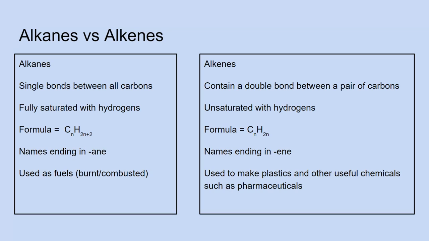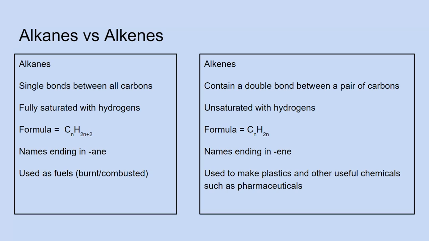So it's either between the first and the second, or the last and the previous carbon in your chain when you're writing it out. We know that they're unsaturated with hydrogens, so you'll be able to see later on when we're drawing them that there is space for other atoms to fit. Okay, they don't because we've got a double bond in there.